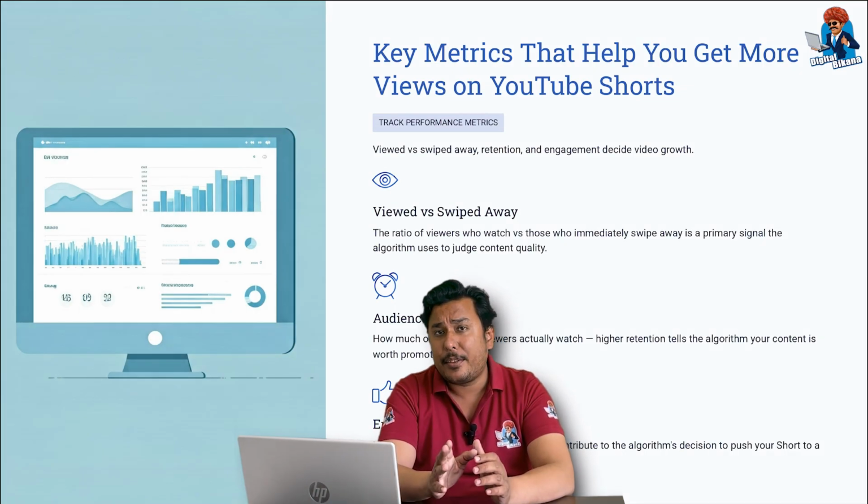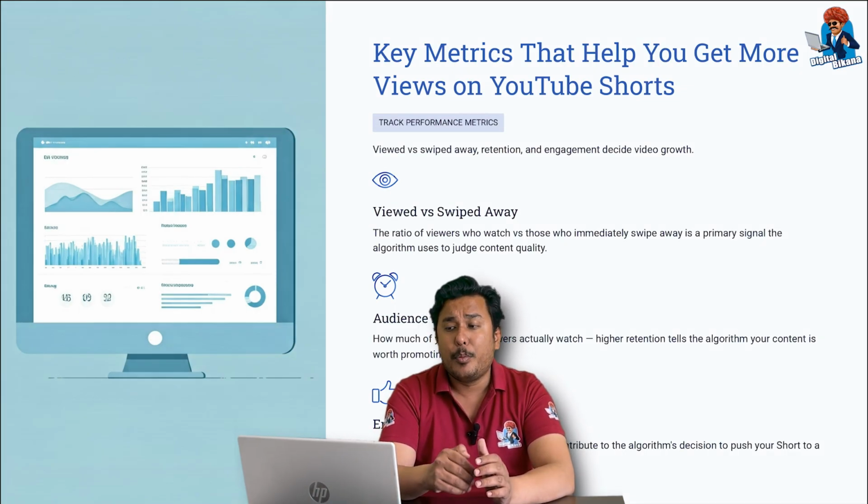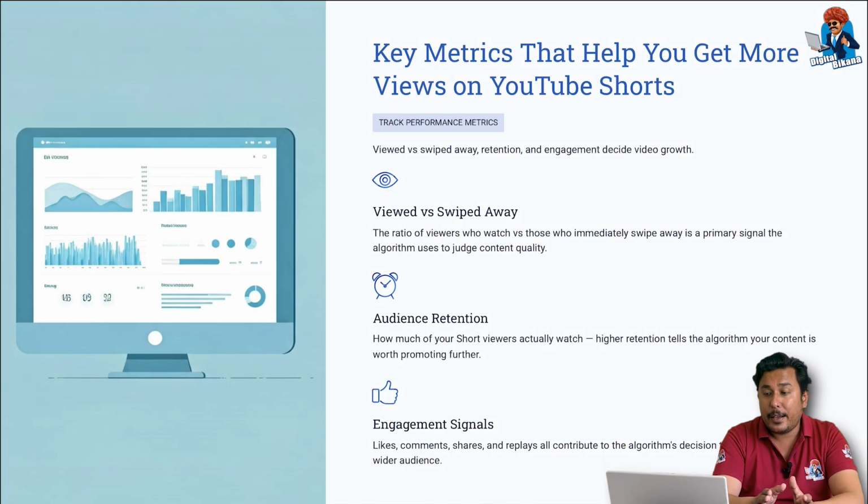Coming to the key metrics that help you get more views on YouTube Shorts, the first is viewed versus swipe away. The ratio of viewers who watch versus those who immediately swipe away is a primary signal the algorithm uses to judge content quality, right?